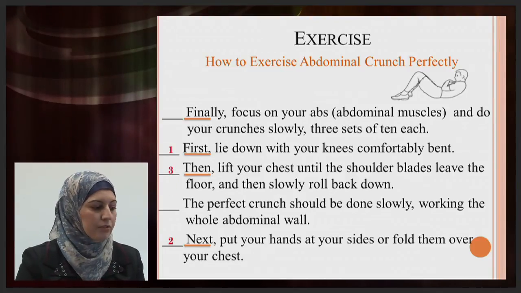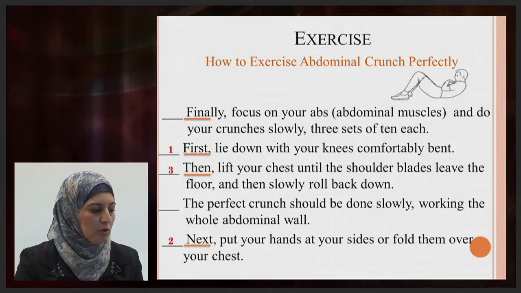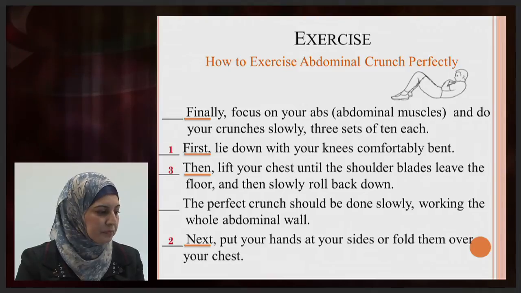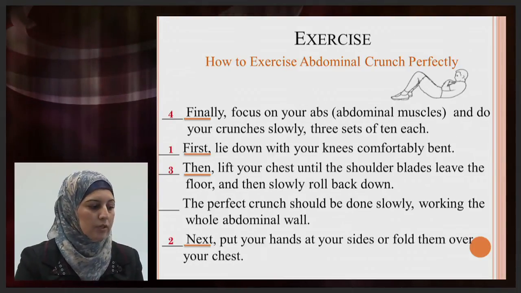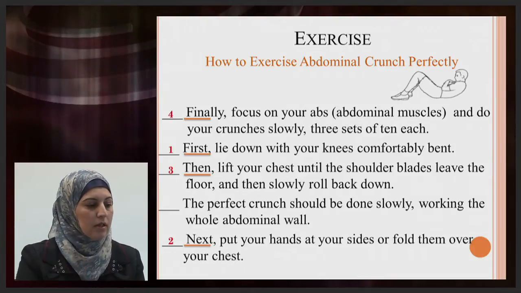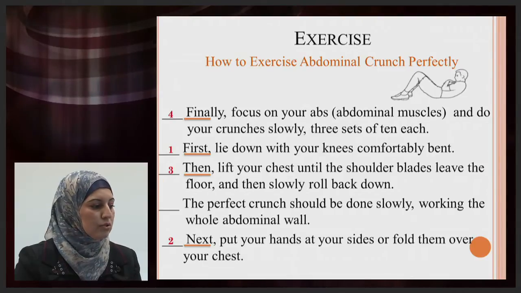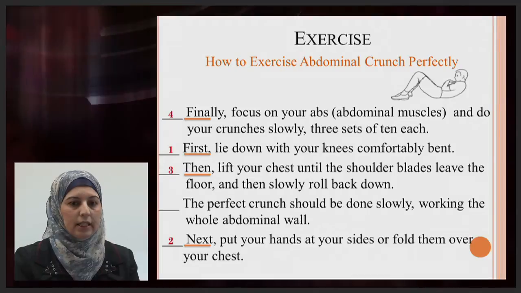Then, lift your chest until the shoulder blades leave the floor and then slowly roll back down. And number 4, finally, focus on your abs. Abs is the abbreviation of abdominal muscles. And do your crunches slowly, 3 sets of 10 each.